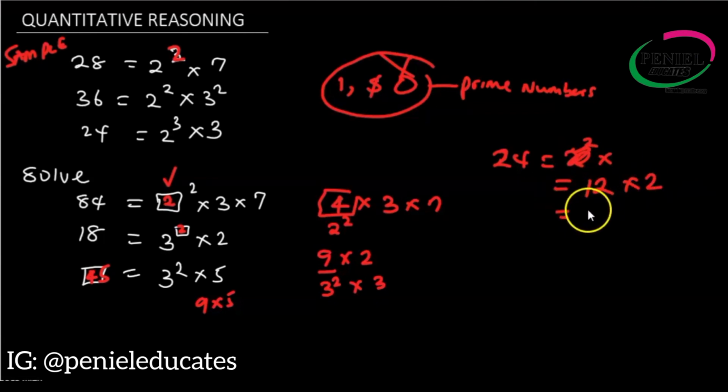So this one can be 4 multiplied by 3, multiplied by 2, so you can have 2 raised to power 3 multiplied by 3. That is expression in index form. And we also looked at how we can find the HCF of given numbers. We also looked at how we can solve word problems involving LCM and HCF.